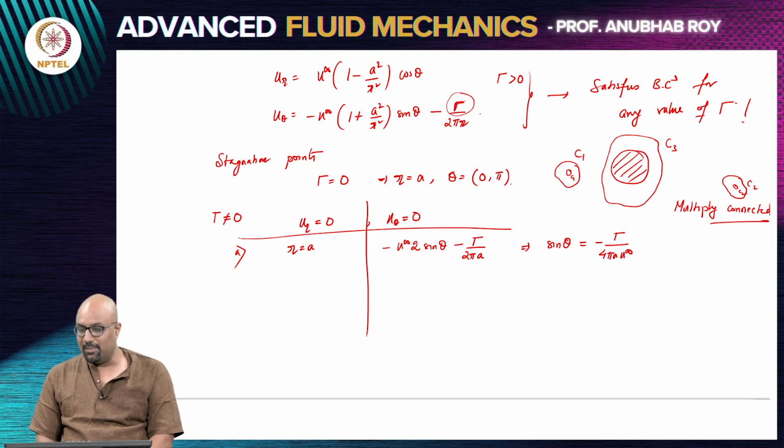So, obviously, when gamma is equal to 0, you are going to get sin theta equals to 0. So, 0 and pi are the solutions.